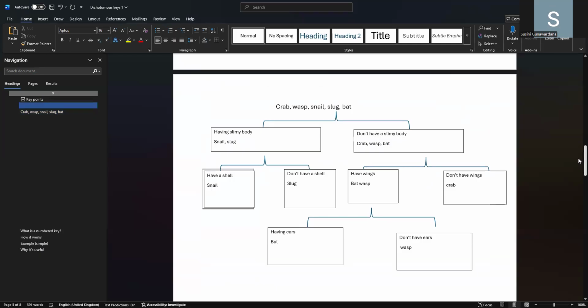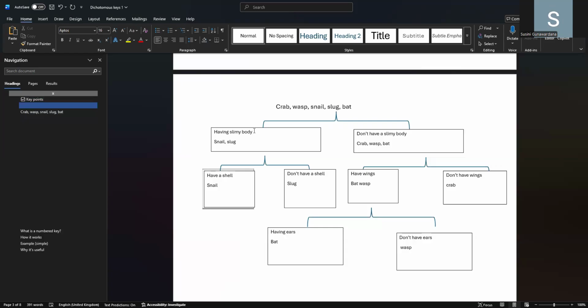This is not the only way that we can do the numbered key and the spider key. These characteristics may be changed according to the way that you take them. Maybe at the very beginning, you can take having a shell. According to this one, I have taken having slimy body and don't have slimy body, or else you can take having a shell, don't have a shell, having wings, don't have wings.